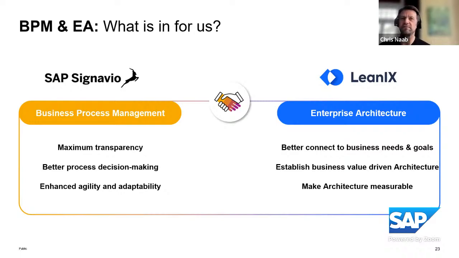If we measure business processes and attribute those then to architecture decisions, that will also result in making architecture measurable. And then with that, it really helps us make decisions in an objective way instead of gut feeling or opinion.